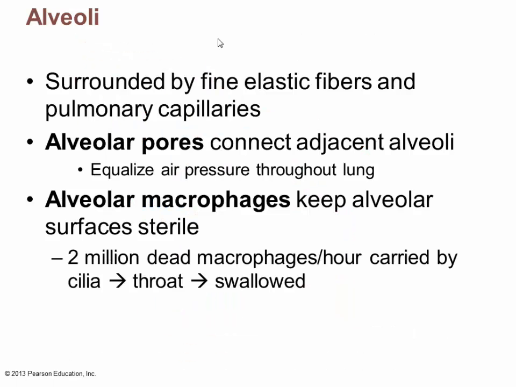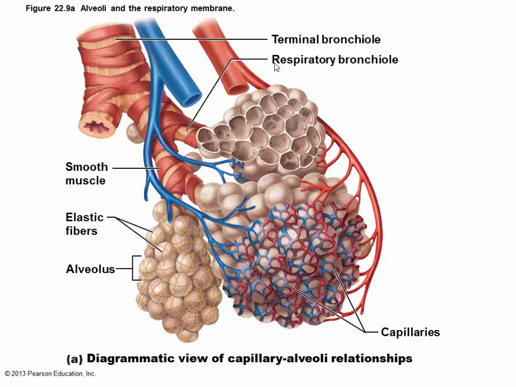Now a little bit more about the alveoli. They are surrounded by fine elastic fibers and some pulmonary capillaries. So there's also some elasticity to it, and they do have their own blood supply. There's alveolar pores that connect adjacent alveoli. If I can look back at some of the different pictures, you have little pores connecting one alveoli to the next alveoli.